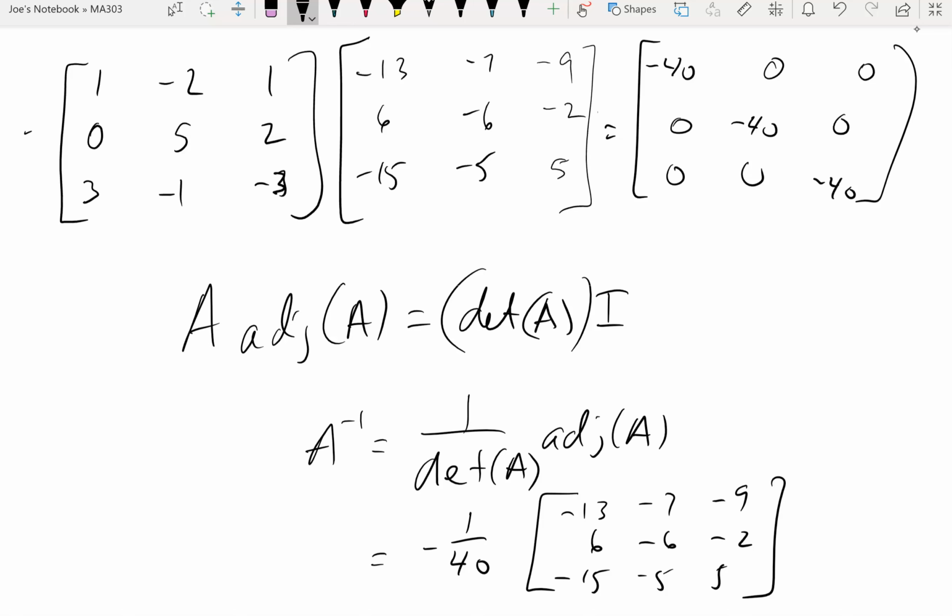For actual practical purposes, no. You're never ever going to use it to compute an inverse. It's way too computationally expensive. It requires way too many computations to get to the final answer. So it could be very easy to miss a negative sign. Oh, absolutely. There are all sorts of things you could do to mess it up.